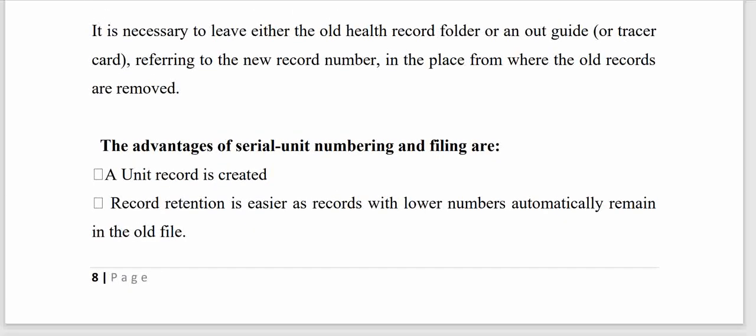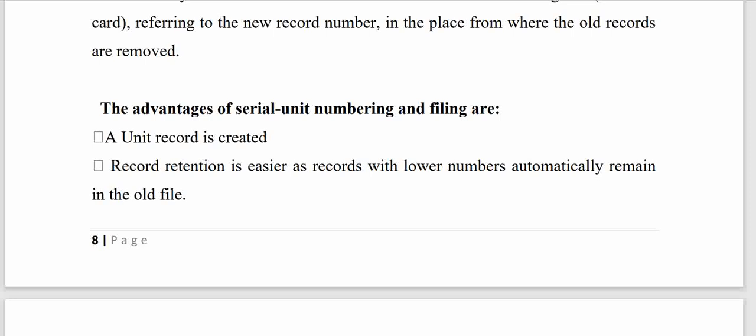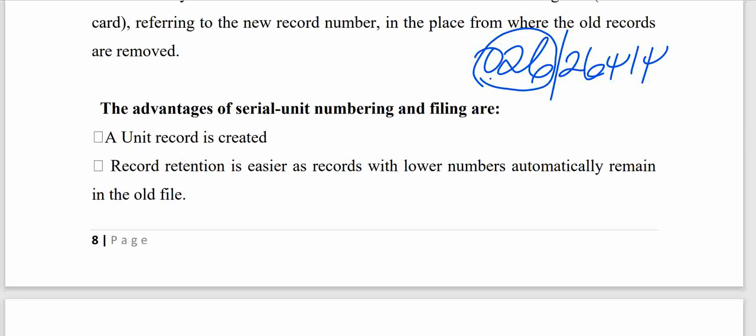Moving forward, we have the advantages of serial unit numbering system. When you're using two systems which are combined, how does it help? What are the benefits? So the thing is, a unit record is created, because in that number, between 0 to 6, which is serial numbering, and 26414, this one, there's a possibility that this number was given last week or last month, or even to many people, which makes it not unique.